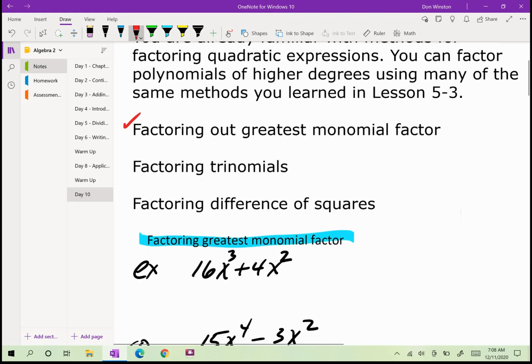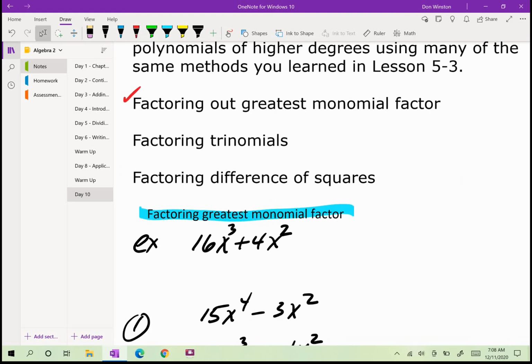Let's say I have an example, 16x cubed plus 4x squared, and I want to factor that. To recall, we factor out the greatest monomial factor. We look at the leading coefficients for each term, 16 and 4, for a factor that we can divide evenly into 16 and 4, and that is 4.